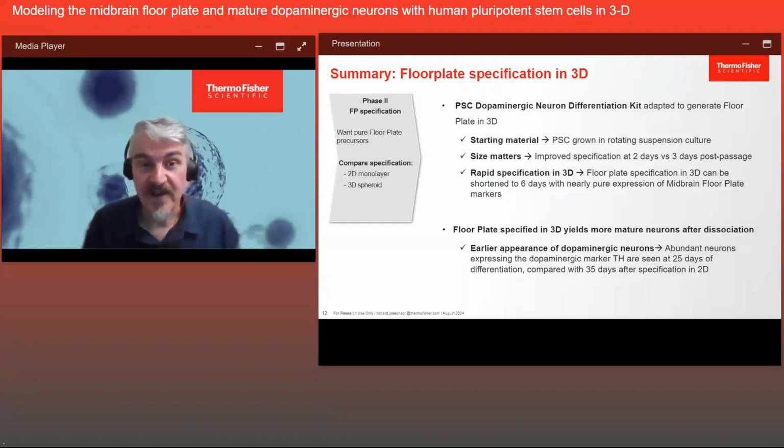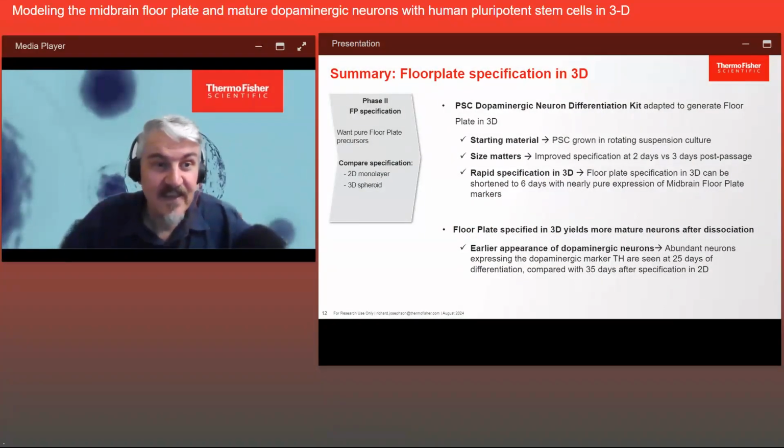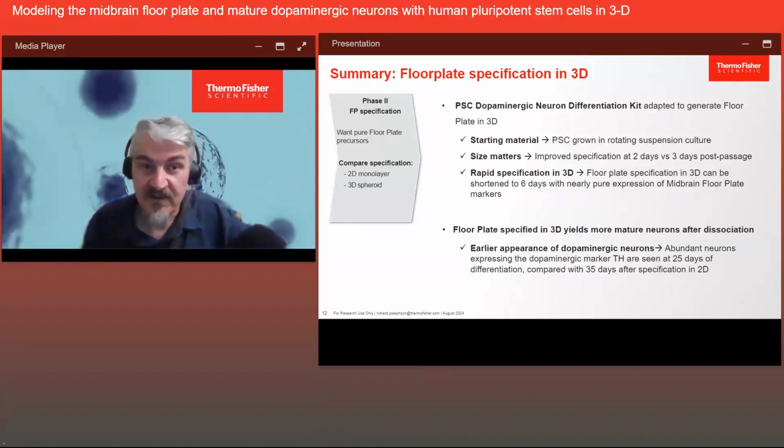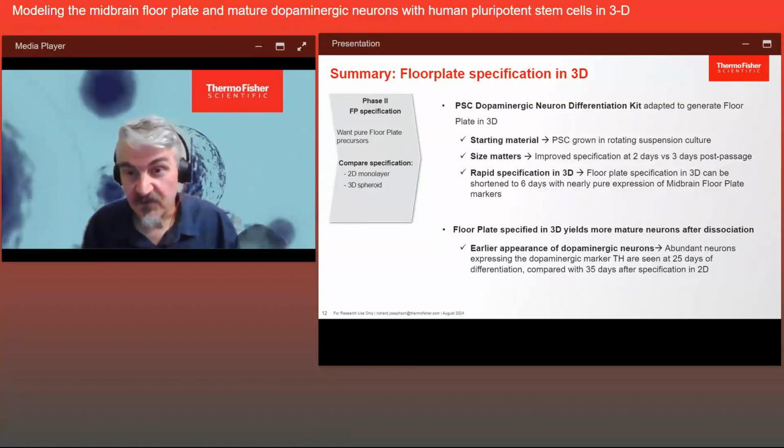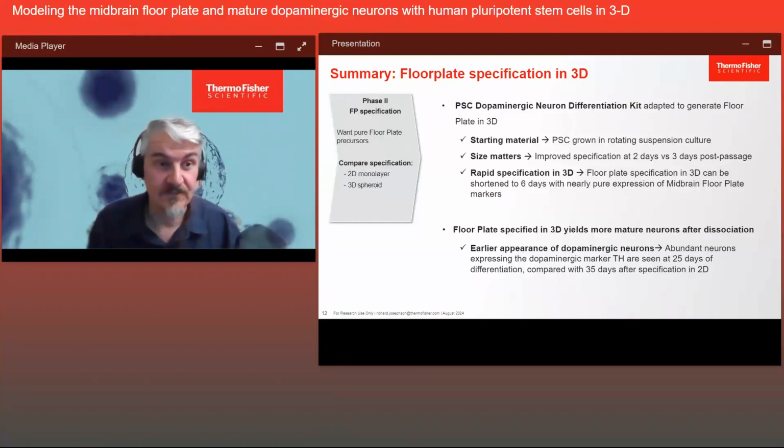First, I want to summarize these initial experiments, showing that we can use the 2D dopaminergic neuron differentiation kit to generate floor plate in 3D. So our starting material is PSC spheroids grown in suspension. The uniform small size turns out to be crucial for efficient specification.